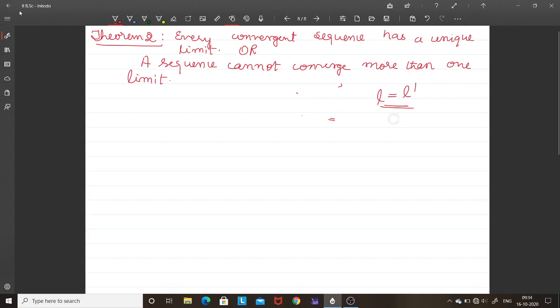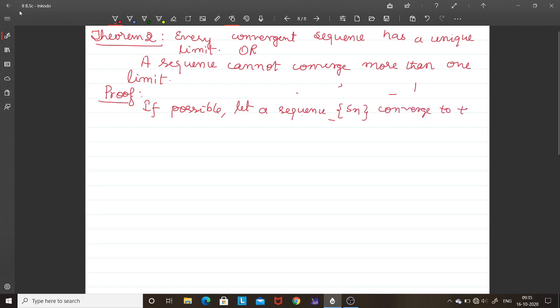Let us see the proof now. Okay. If possible, let a sequence Sn converge to two distinct real numbers, different real numbers.